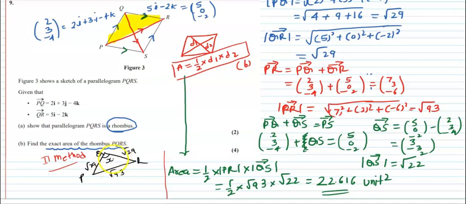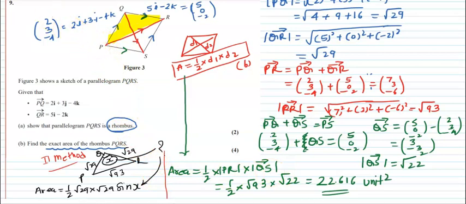Once you find this angle, you can use the area formula, half AB sine C. So root 29 times root 29 and sine of x. So using the cosine rule, you can find this angle x, and you can put this angle here and apply this formula. You'll get the same answer. I hope things are clear now.